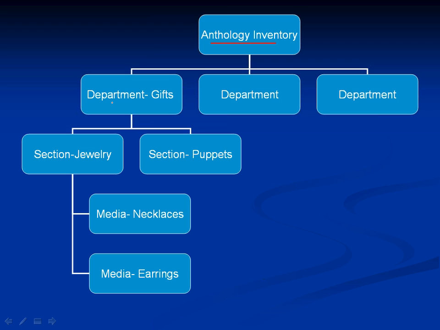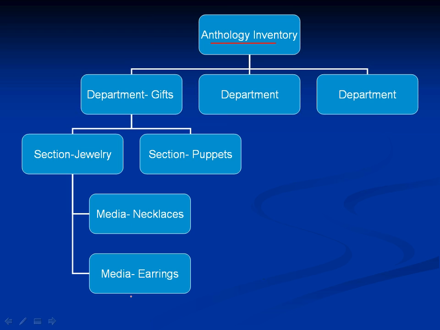But if you'd like to divide down your inventory more, the next level down in detail would be your section level. An example of that would be jewelry or puppets. We talked about a few other examples in the videos. Again, not required, but if you wanted to get a little more detail, you could use your media to help you with that, for example necklaces or earrings.